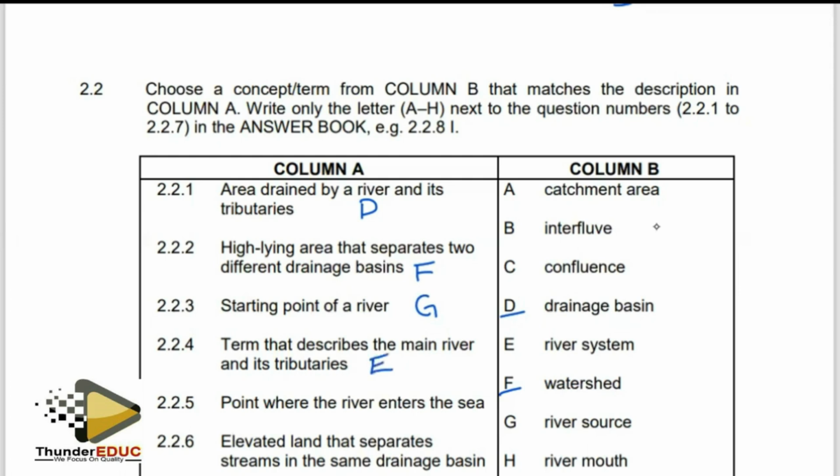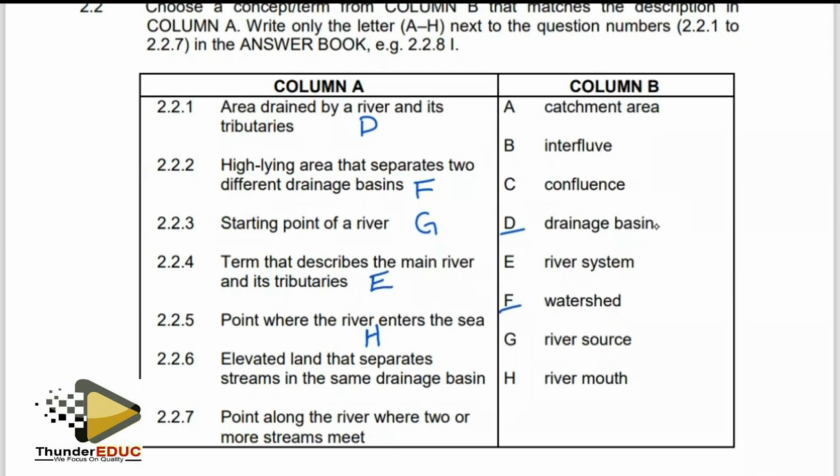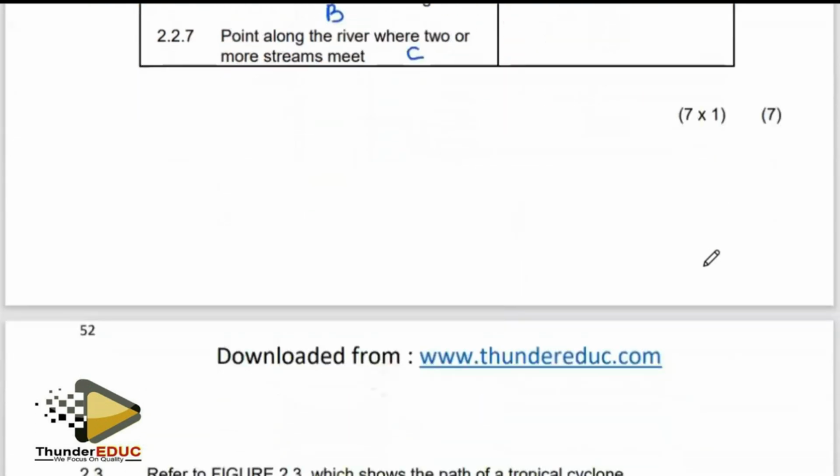Point where the river enters the sea, that will be the river mouth, which is H. Elevated land that separates streams in the same drainage basin, that will be an interflow, which is B. Point along the river where two or more streams meet, that will be C, which is the confluence. Okay.